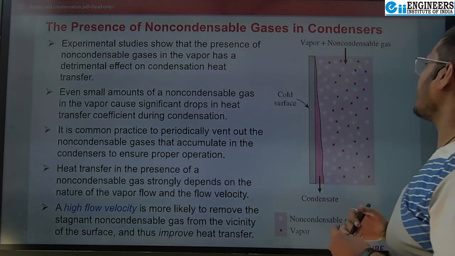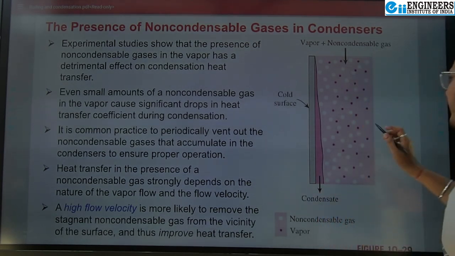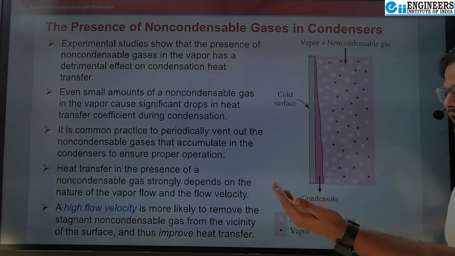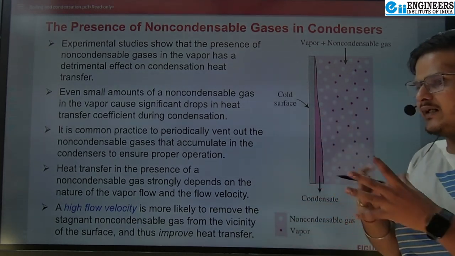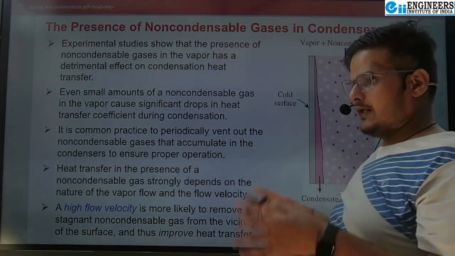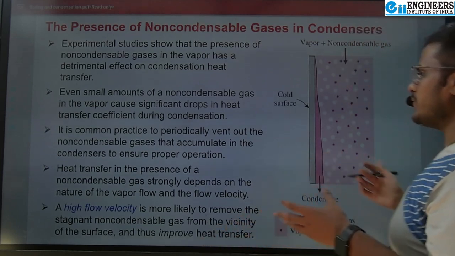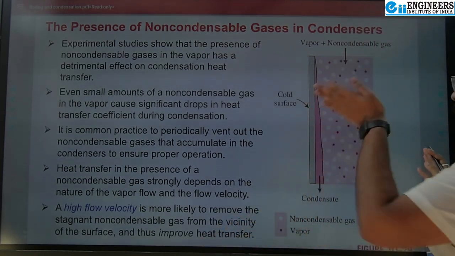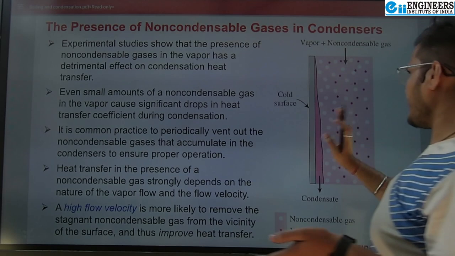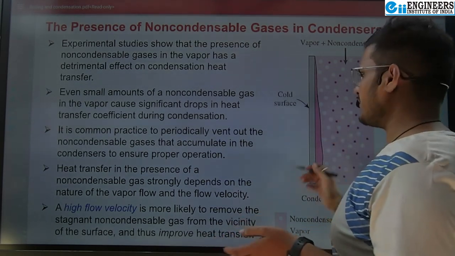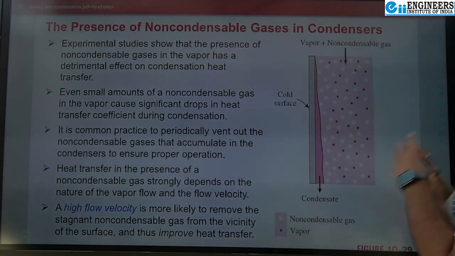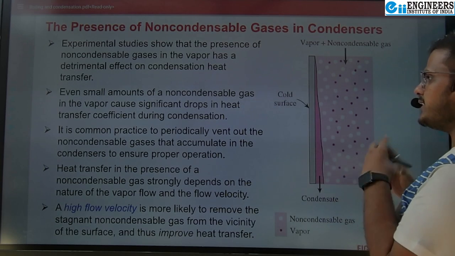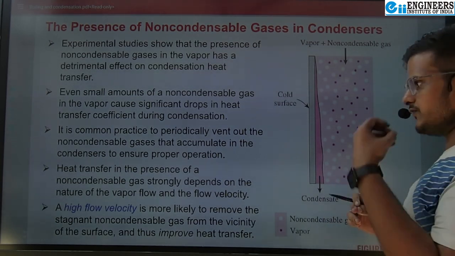The water vapor has its own thermal conductivity. When a non-condensable gas is added to that, the equivalent thermal conductivity will get reduced. If the equivalent thermal conductivity reduces, then the overall heat transfer from the surface to the air or the condensate that is forming will reduce. So the addition of non-condensable gases causes a significant drop in the heat transfer coefficient.